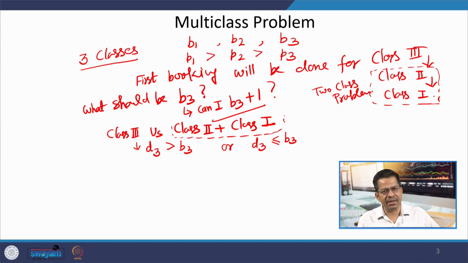If demand in class 3 is less than B3, that is the original capacity, then allocating this extra seat to class 3 is not going to give you any impact, because this extra seat will go to the upper classes whenever the upper class booking is opened. But if the demand in class 3 is higher than the original limit of B3, then this extra seat will be used by class 3.